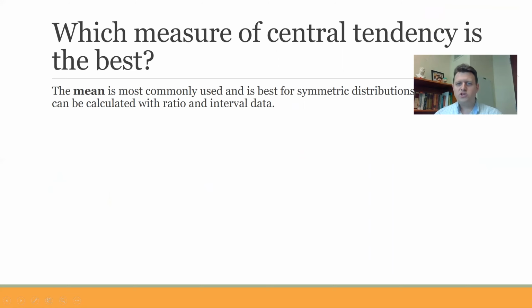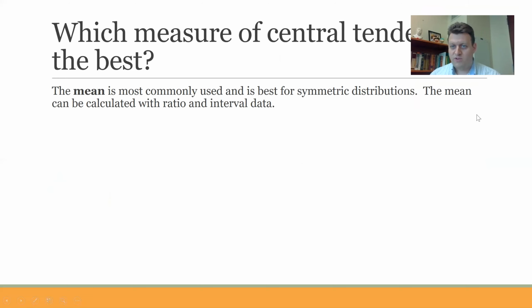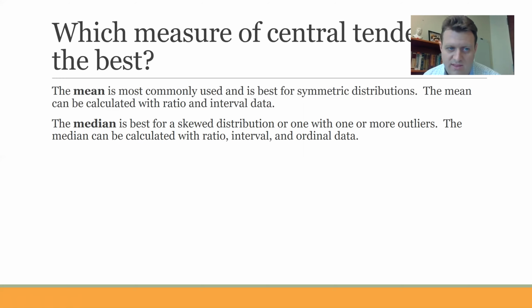So last, when should we use which measure of central tendency? The default is to calculate the mean. The mean is most commonly used when we have no outliers. When we have a ratio or interval scale of measurement, the mean is a great measure of central tendency. The median we're going to use if we have a large number of outliers and we don't want to remove those outliers.